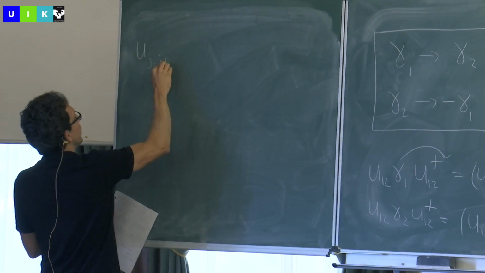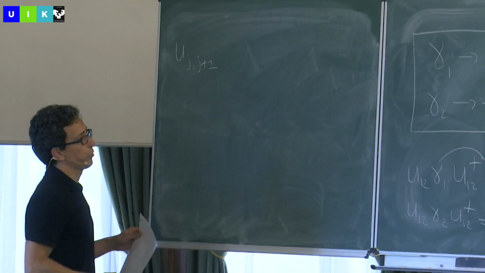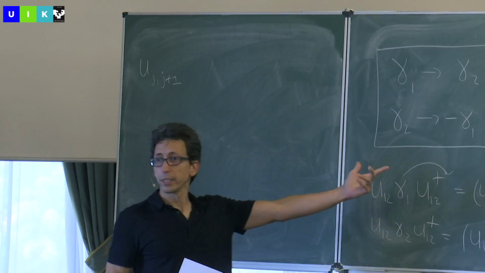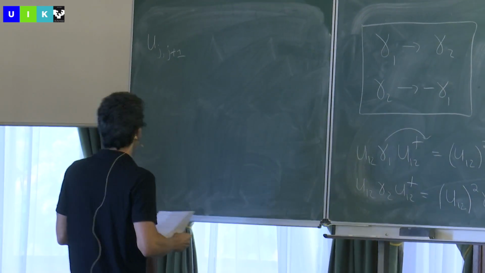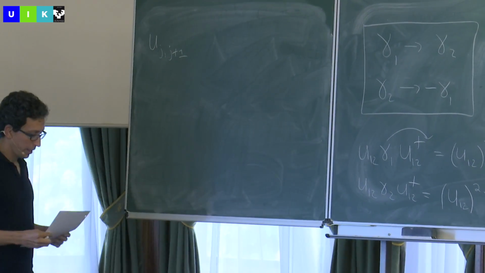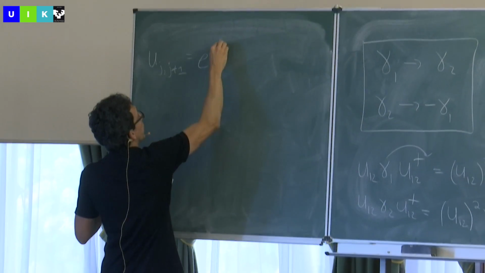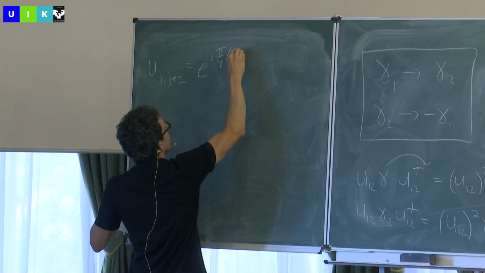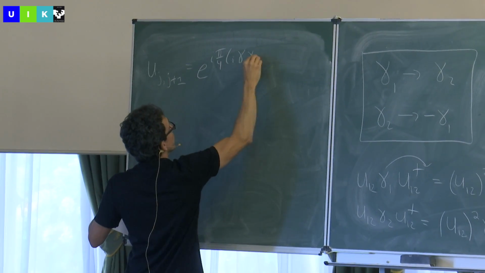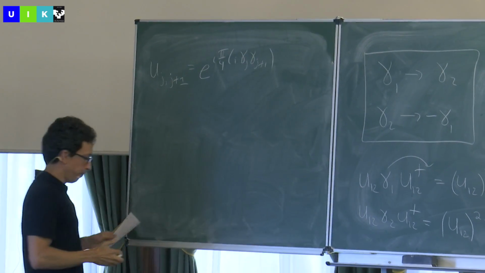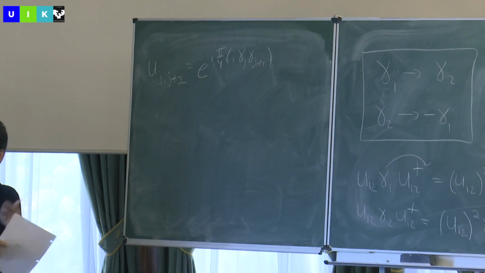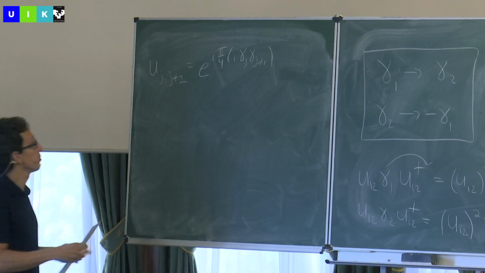Okay, so in a completely straightforward generalization of what we did for this 2 Majorana zero mode problem, I'll define an operator U_{j,j+1}, which is e to the i pi over 4 times i gamma_j gamma_{j+1}. That swaps gamma j with gamma j plus 1.